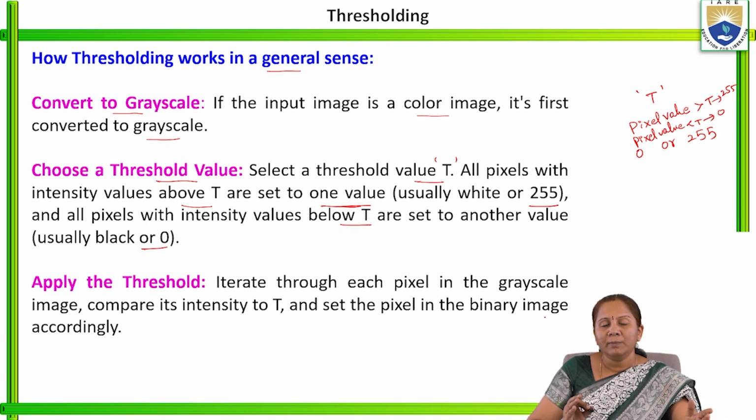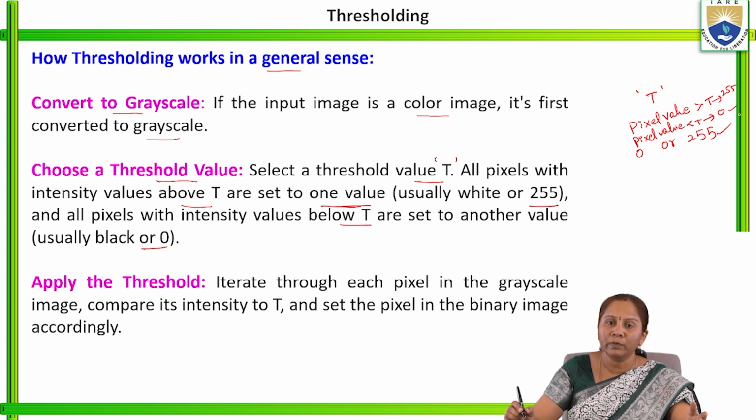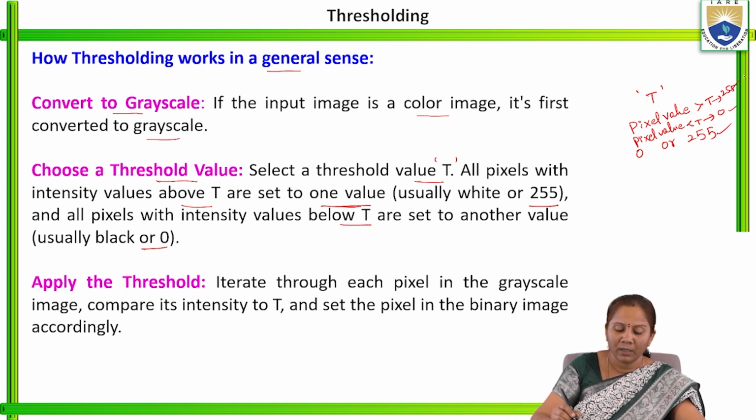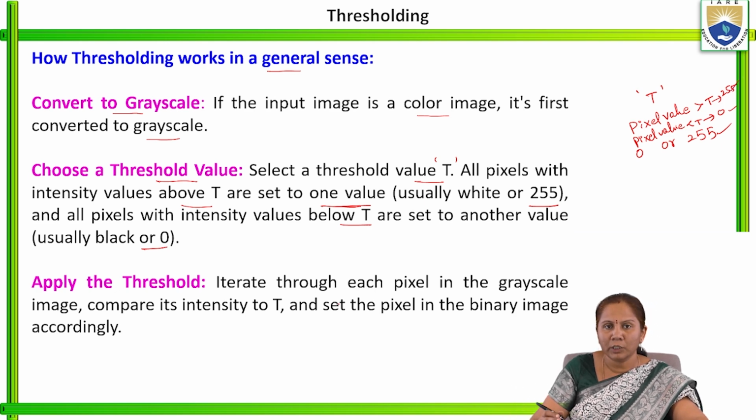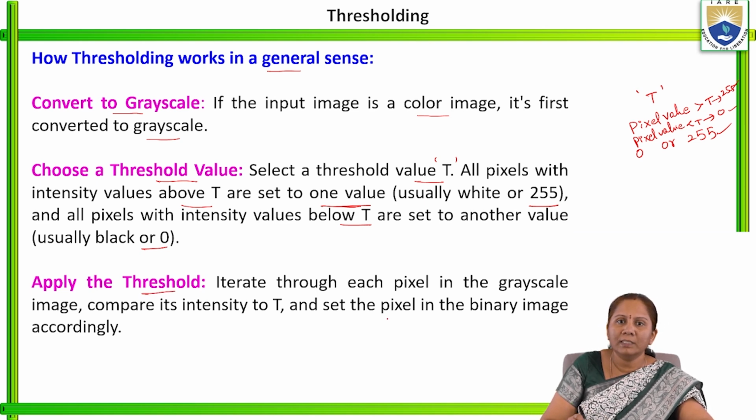If the grayscale image is converted into a binary image, in the binary image we can see only two values: 0 and 255, representing 0 as black and 255 as white. Now, how to apply this threshold: iterate through each pixel in the grayscale image.